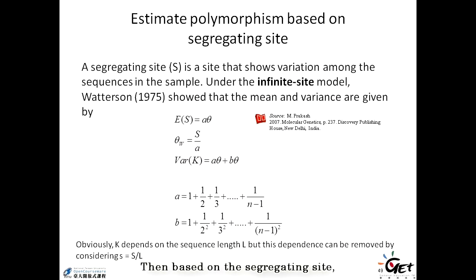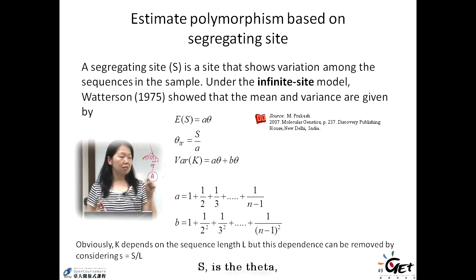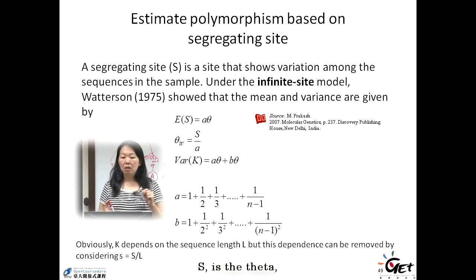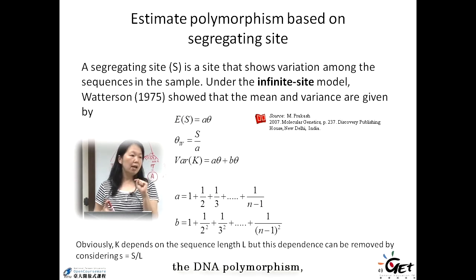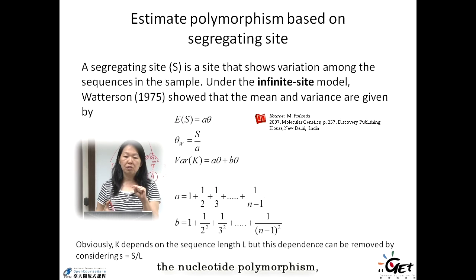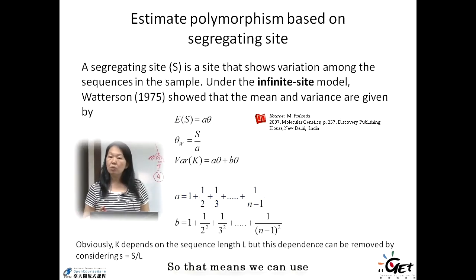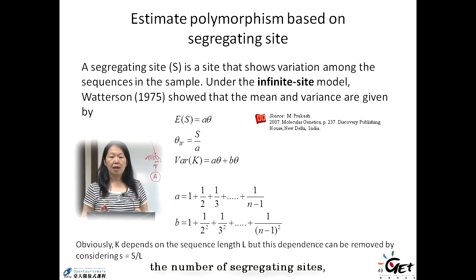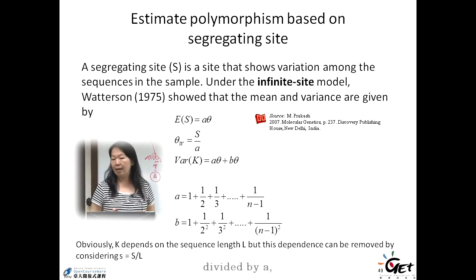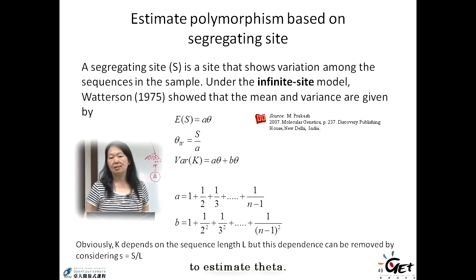Based on the segregating sites, that's the formula we put here. So the expected number of segregating sites, S, is theta, the DNA polymorphism, the nucleotide polymorphism, times A. Then A is the parameter listed here. So that means we can use the number of segregating sites divided by A to estimate theta.